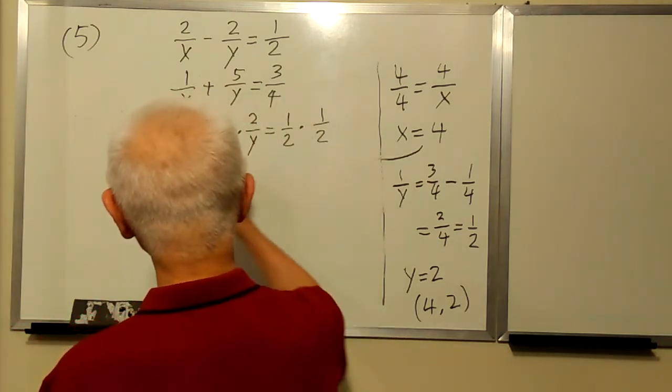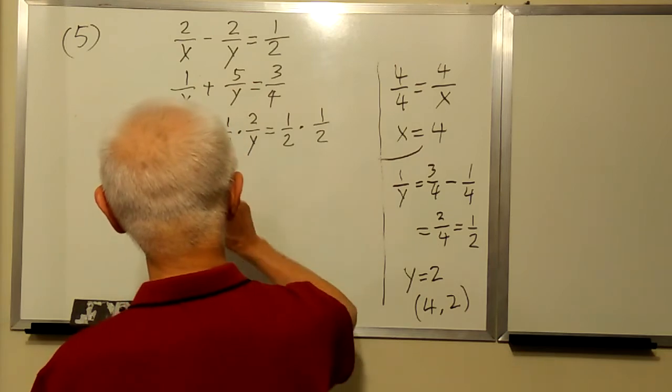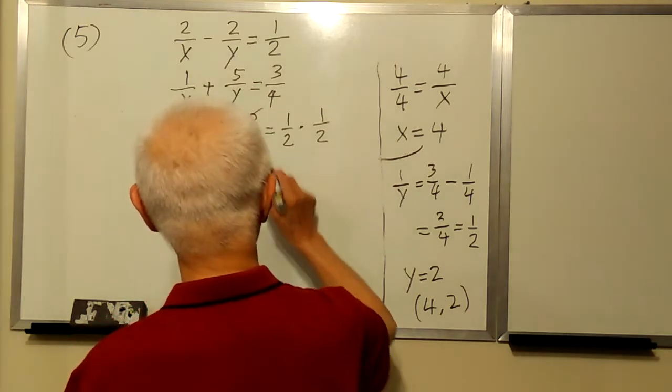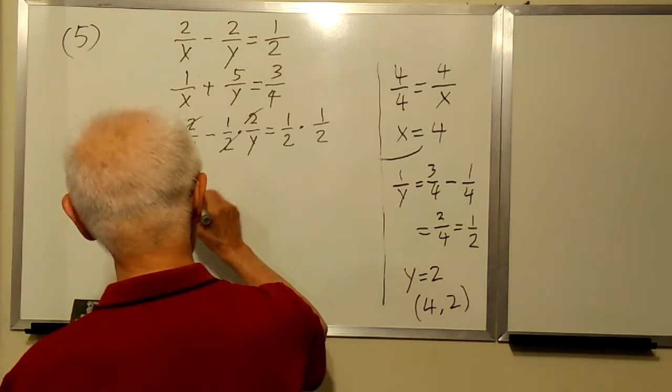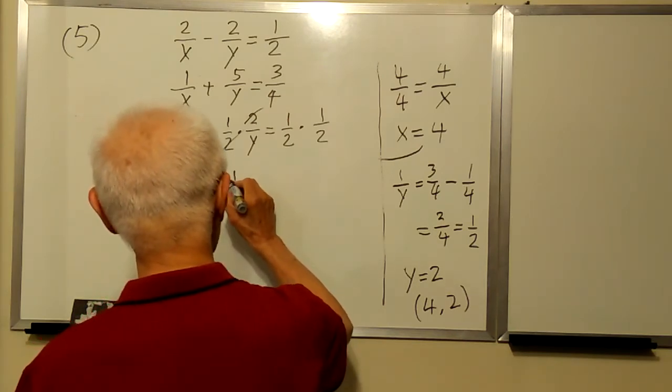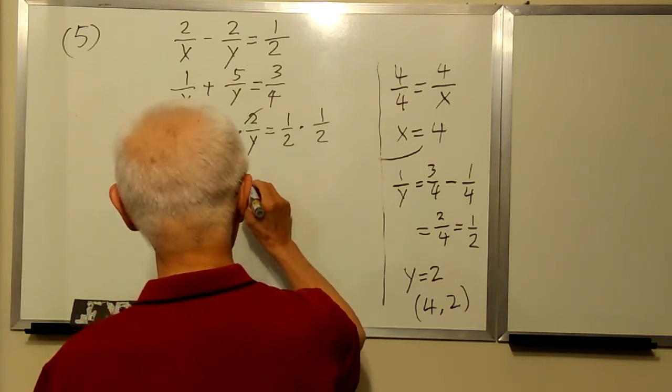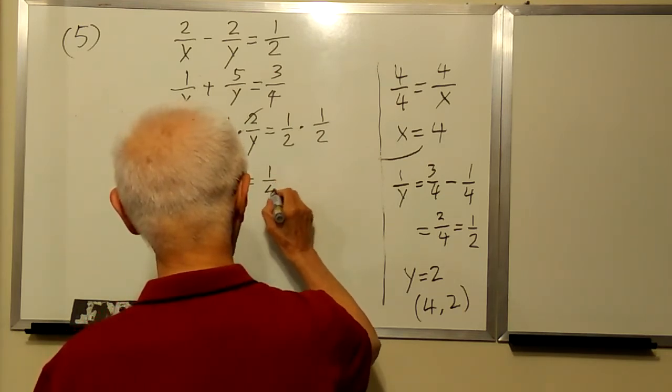Let's simplify this. 2 and 2 cancel, 2 and 2 cancel, and this becomes 4. So I have 1 over x minus 1 over y equals 1 over 4.